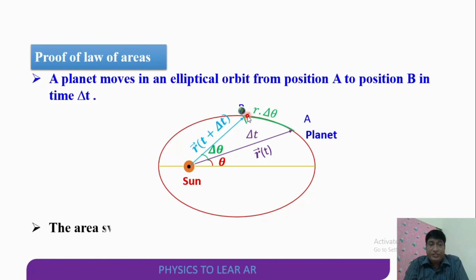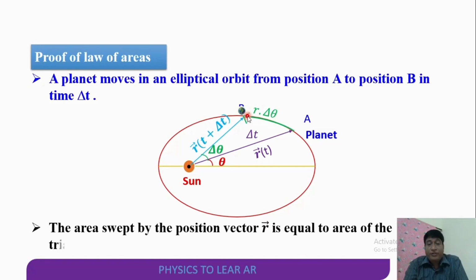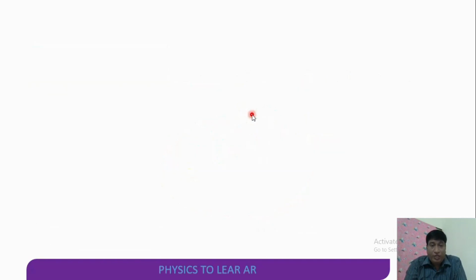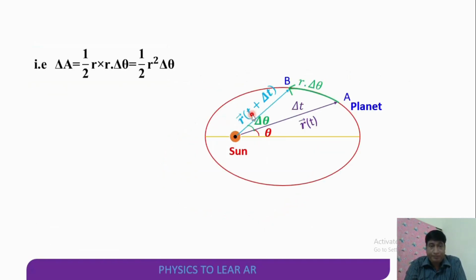The area of a triangle is half into base into height. With the help of that, I am going to prove that the area swept by position vector r is equal to the area of this triangular region. The base I can take as r and the height as r d theta.